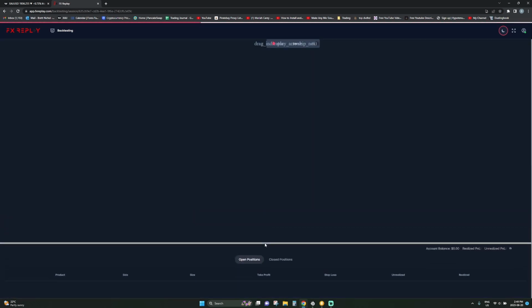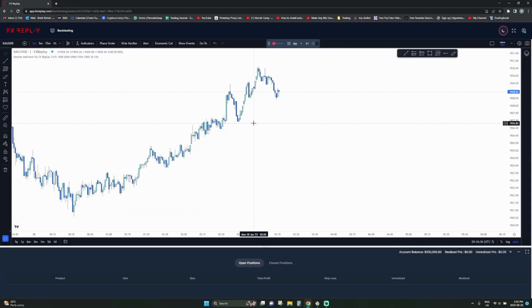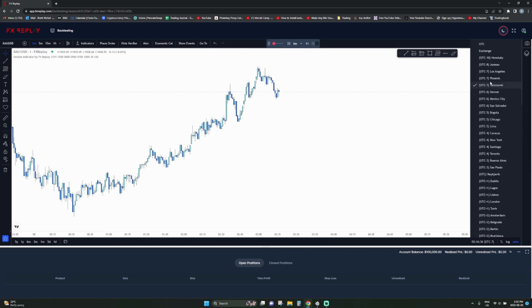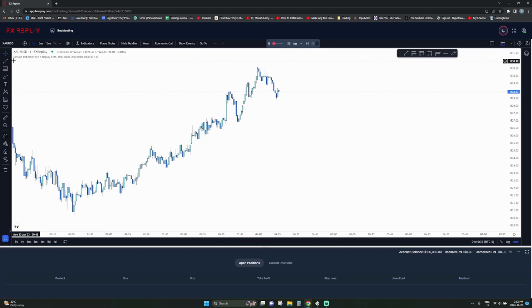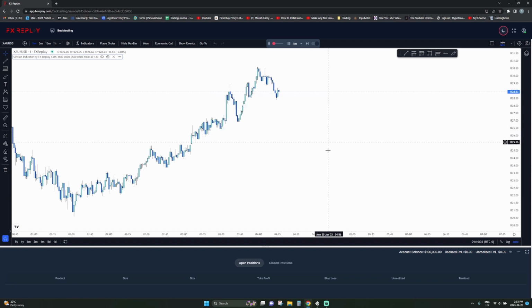chart. Takes a minute here. That took a good little bit to load there. So yeah, I actually have to change my time here to Denver, and then I have to change the indicator time to here, and to here.